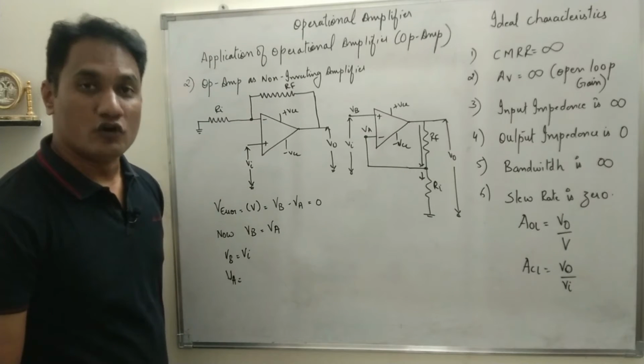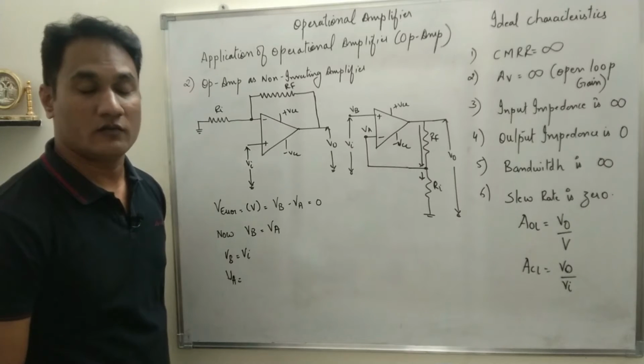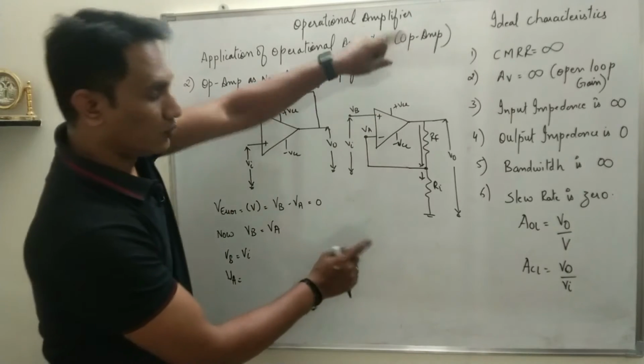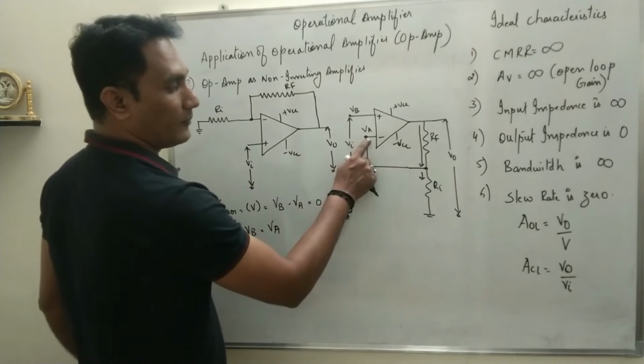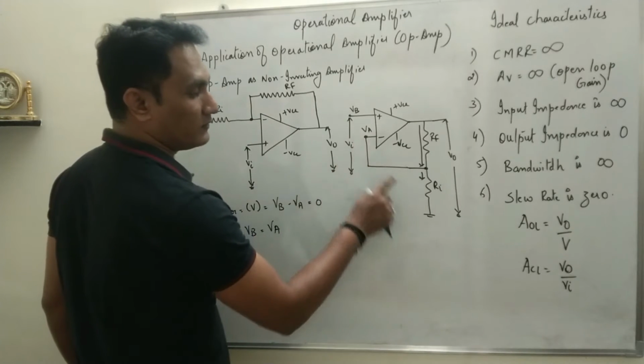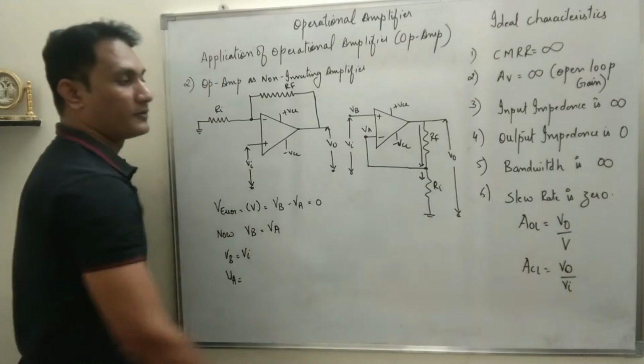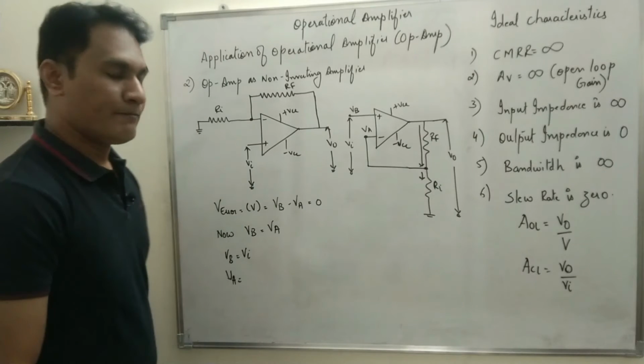They form a voltage divider arrangement. And what is the formula for the voltage divider arrangement? If you want to obtain voltage VA with respect to ground, between VA and ground there is Ri. So you have to obtain the voltage drop across Ri.